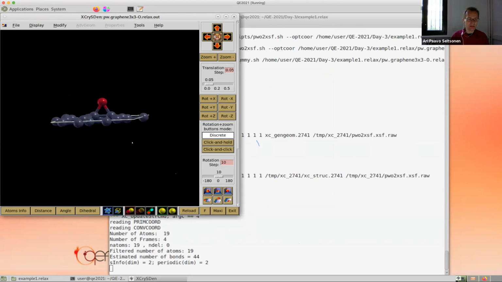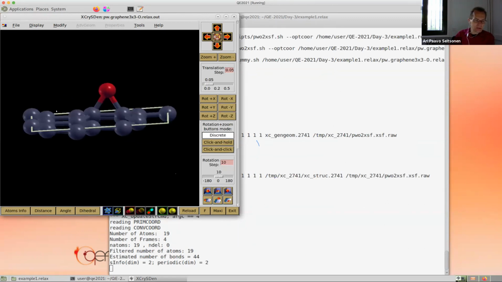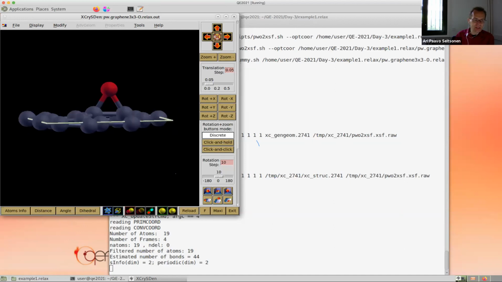And as it would be expected, well, far away from the central oxygen, the planarity is more or less kept. So you see that more or less the carbons are still in the same plane, but then this epoxy group has somewhat lifted out of the plane.